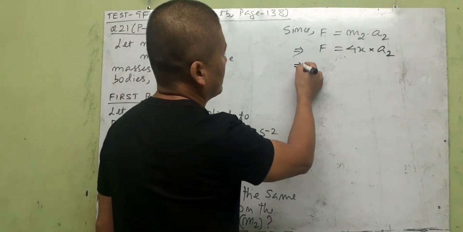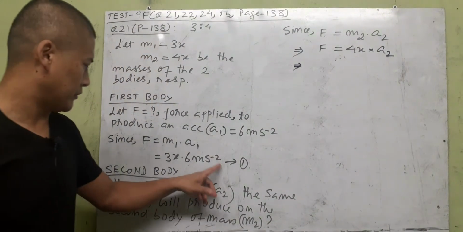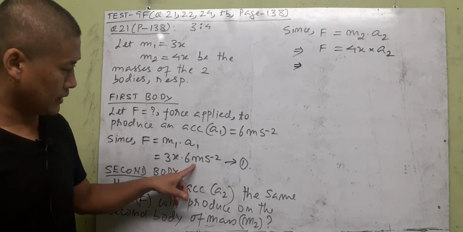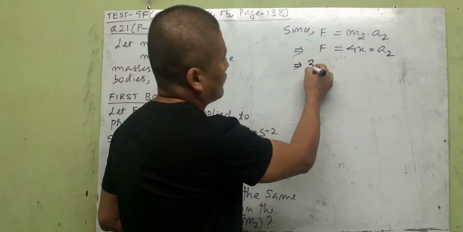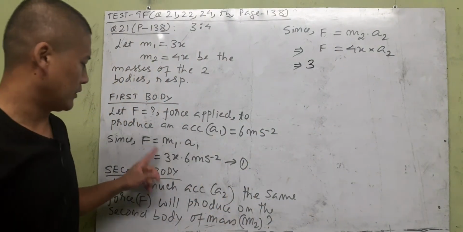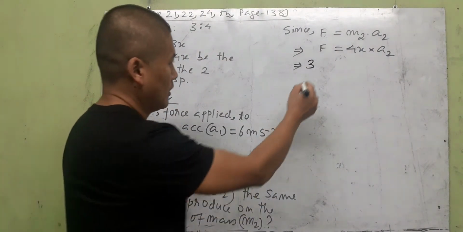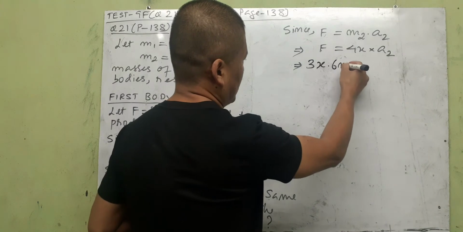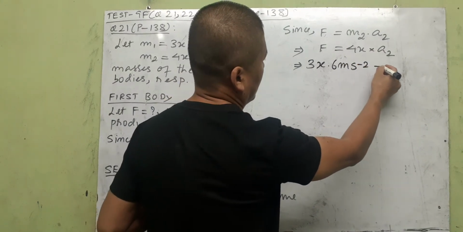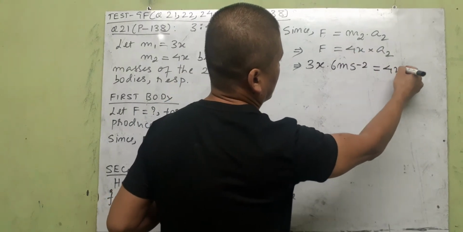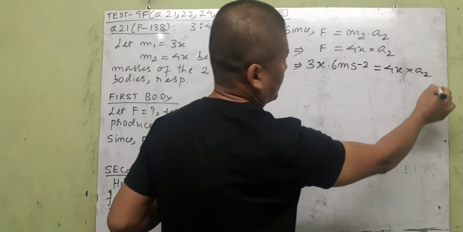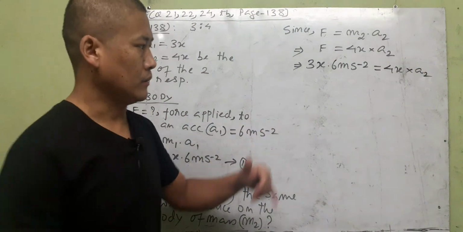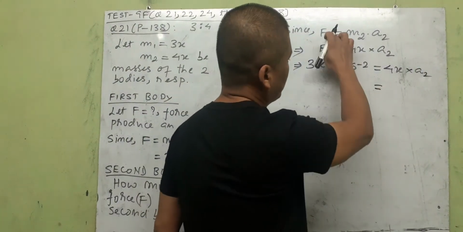F has already been found in equation 1: 3x into 6 meter per second square. So replace F by 3x into 6 meter per second square, equal to 4x into A2. So A2 is the acceleration produced by this same force on the second body.